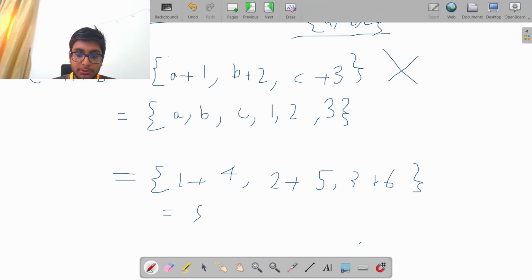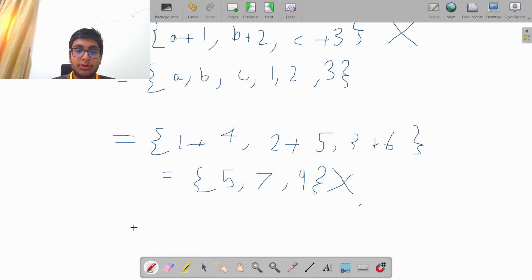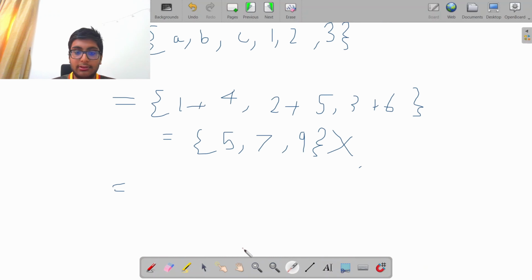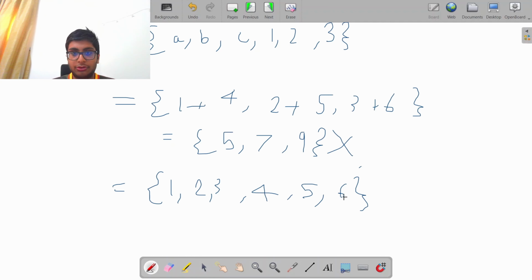What you'll get from this is 5, 7, and 9, and as I said earlier, this is the wrong answer. What you will get if you take A equal to 1, 2, 3 and B equal to 4, 5, 6 is simply 1, 2, 3, 4, 5, and 6. As simple as that. No complications to it.